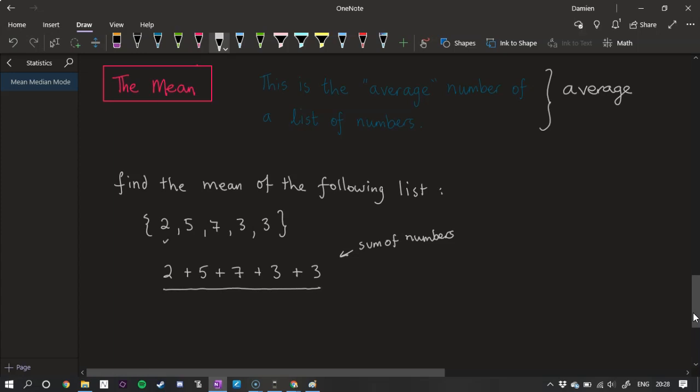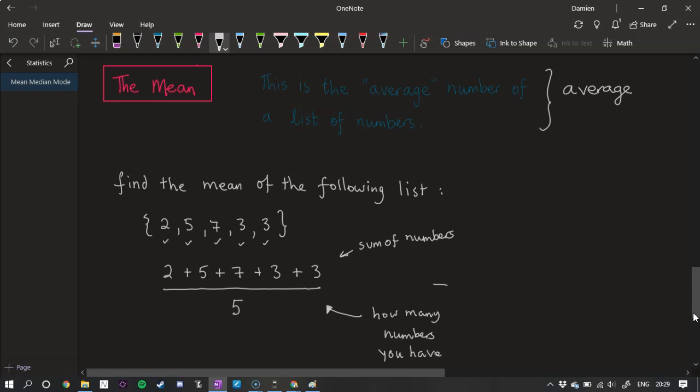So as you can see, we've got 1, 2, 3, 4, 5 numbers. So we're going to divide by 5. So it's the sum of the numbers, where you add them up, all over how many numbers you have. And then you work this out to get your final answer.